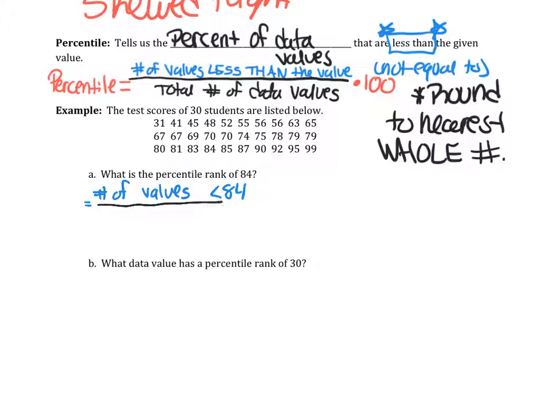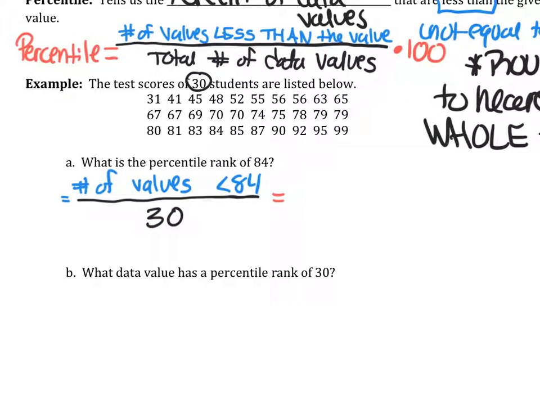And in this case, since there's 30 total data values, we would divide by 30. So we just look at our values and we just got to count how many are less than 84. So there's 23 data values that are less than 84.